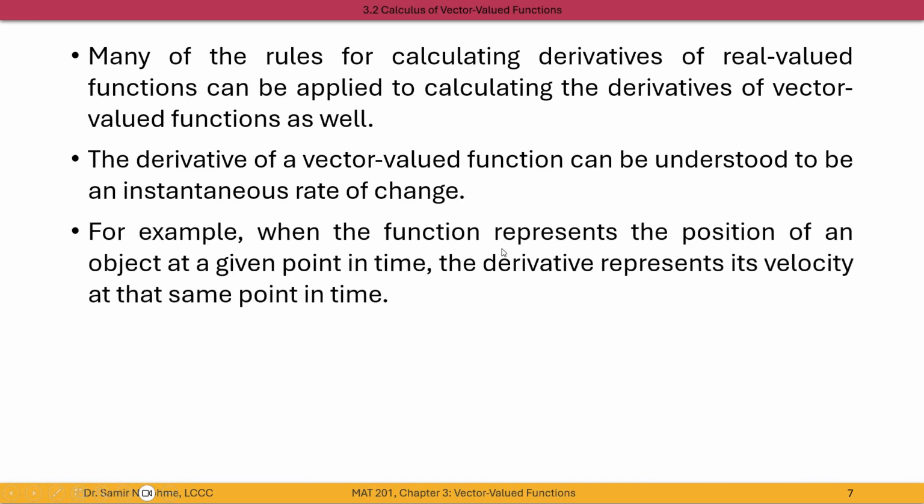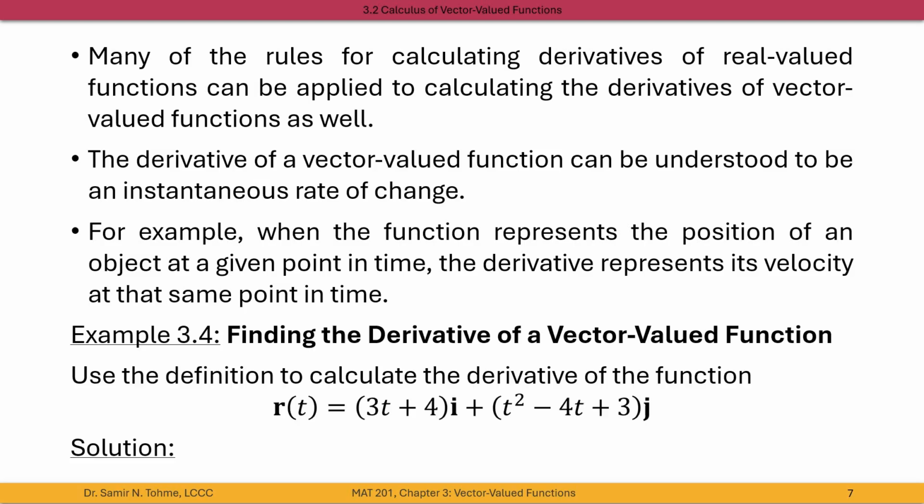For example, when we have a function that represents the position of an object at a given point in time, the derivative represents the velocity at that point in time. As we said, this is called velocity in physics, and the derivative of a vector function will give you the velocity vector at this particular point in time.